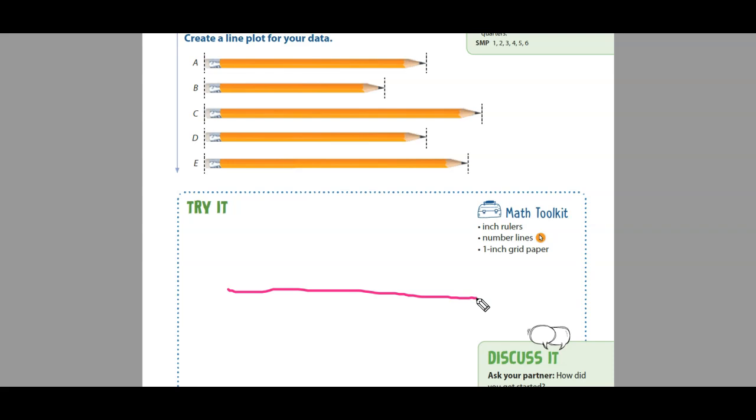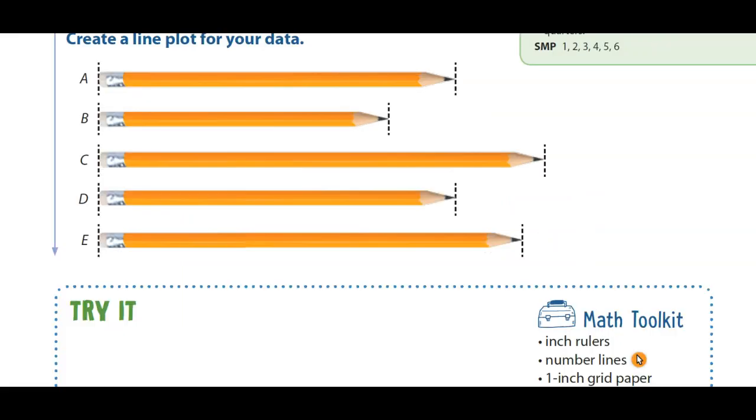Let's freeze it. So this is how it starts. The 0 on the ruler you actually put right here. The 0 starts here, and then tell me how long is pencil A?